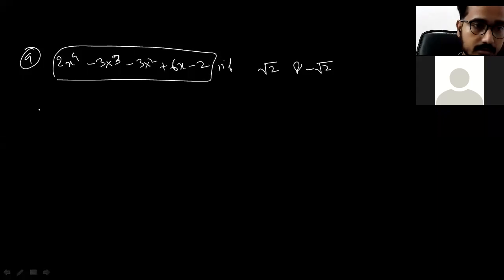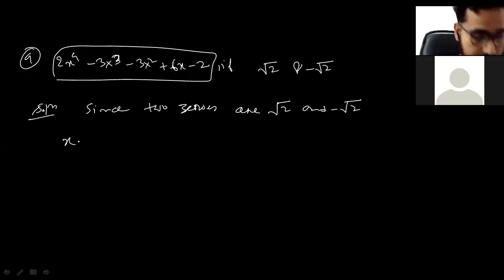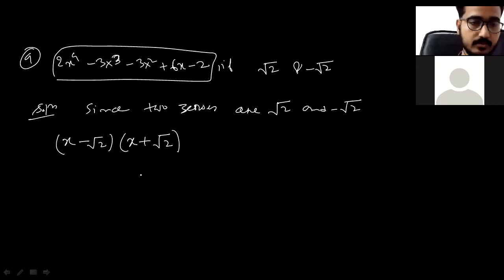So now see, since two zeros are root 2 and minus root 2, so x minus root 2 and x plus root 2 will be two factors, yes or no?